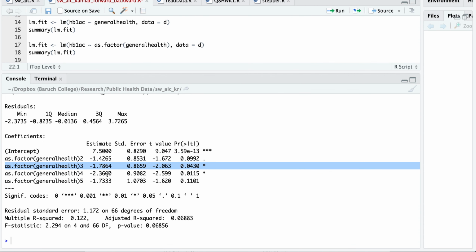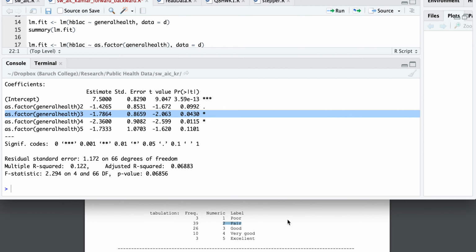Negative 1.78 is now in comparison again, not to 2, it's to the baseline 1. Those who view themselves as having good, category 3, health tend to have, on average, blood sugar levels negative 1.78 less than those who view themselves as poor.